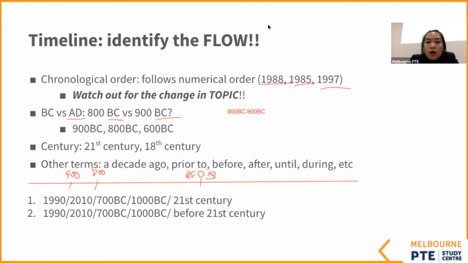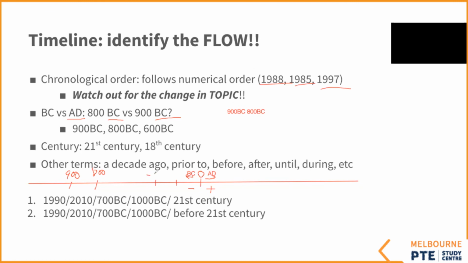Okay, why? That's why I need you guys to draw a timeline. For BC, it's like a negative, minus. And AD is like a plus, which is positive. Okay, for the minus, you start with -2 or -1. Where do you put -2 and where do you put -1? -2 comes first. -1.